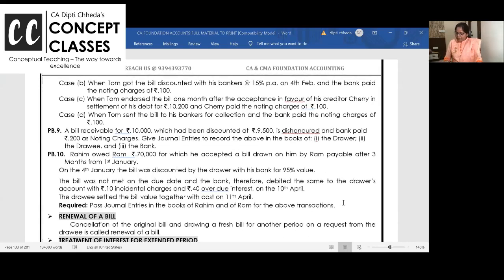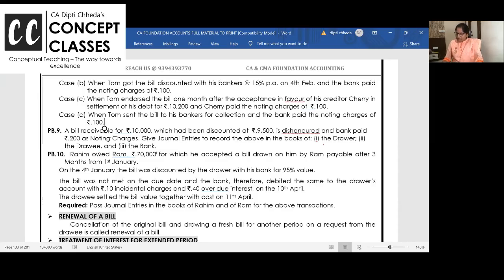Bills receivable for 10,000, problem number 9, which has been discounted. Okay, you already discounted it, done. It is dishonored and the bank paid 200 as noting charges. So we have to give the bank 10,200. Give journal entries in the books of drawer, drawee and bank.